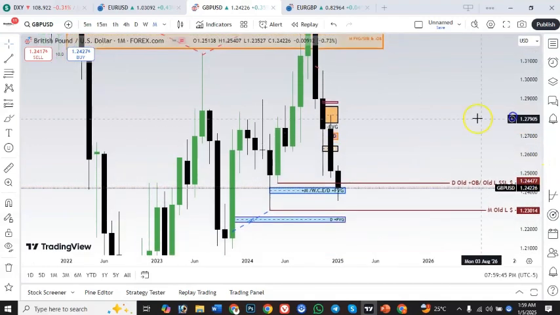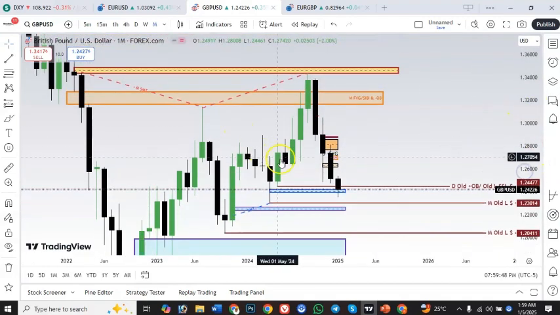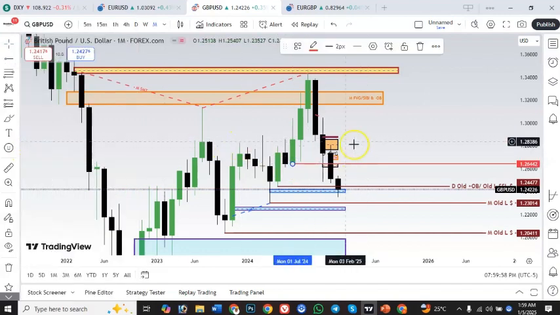So now these three up consecutive candles right here, they are an order block on the monthly chart. So let me put it there, just like we have from all these other pairs. So this is going to be a monthly order block.